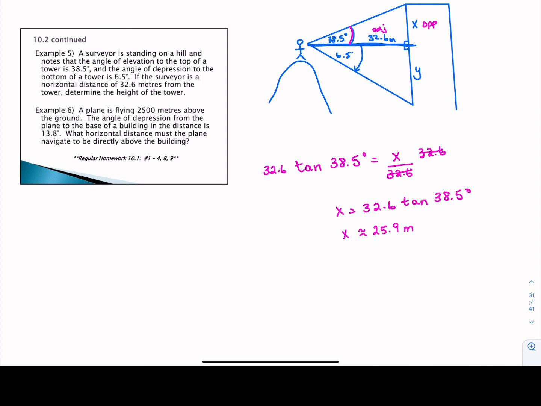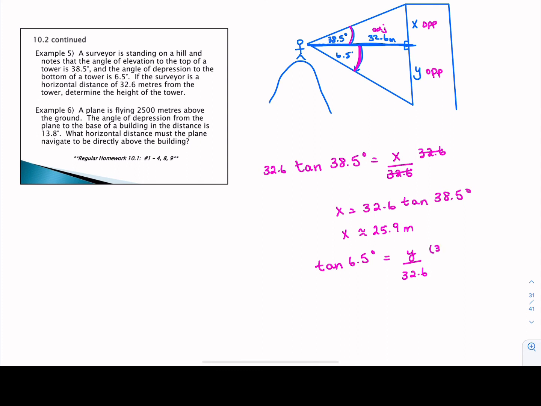We now need to find Y. And if we find Y, again, reset your triangle. 6.5 degrees is now your reference angle. Y is the opposite side, but the shared side of 32.6 is still the adjacent side. So we can use the tan ratio once again. So we can say the tangent of 6.5 degrees this time as your reference is the opposite side, or Y, divided by the adjacent side of 32.6.